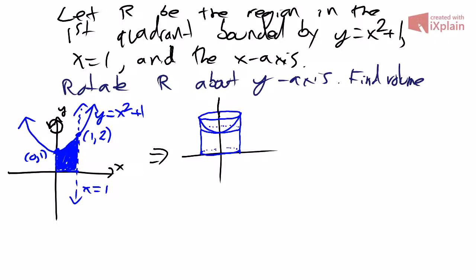We need a washer method integral right here because we have some piece missing. Here would be the small radius, and from here to here would be the large radius. But down at the bottom here, I don't have that.